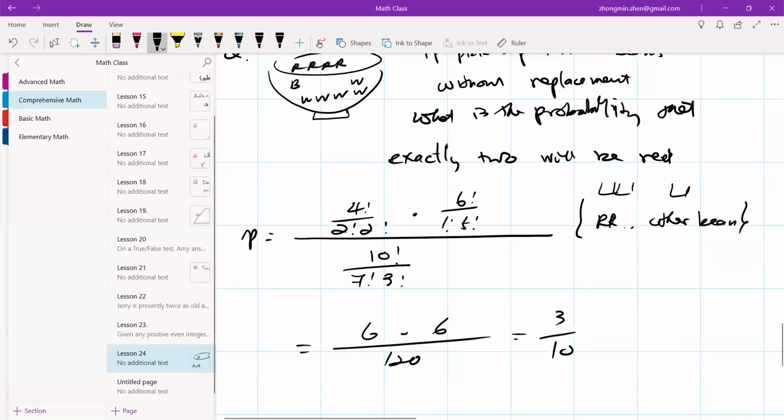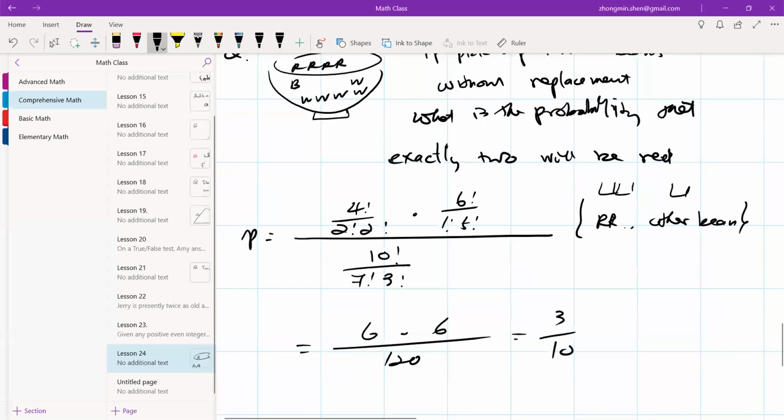Now, when you look at the 3 beans, you want 2 of them to be red and the other one to be another color, either white or blue. So you do 2 steps: get 2 red beans, then a bean in another color.